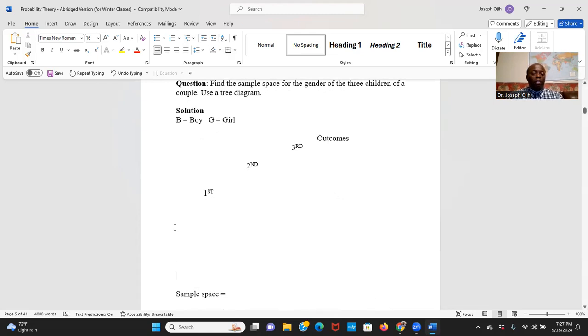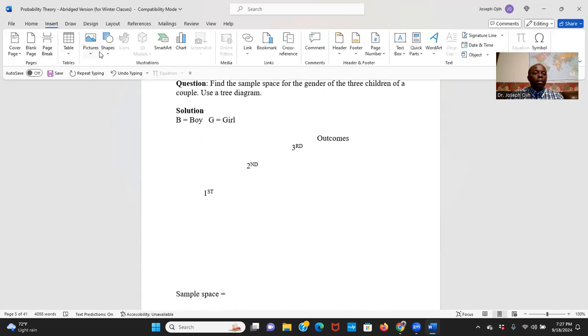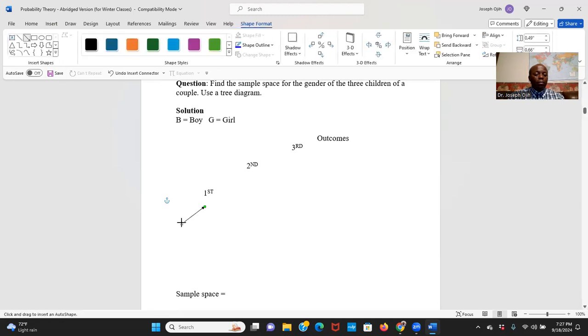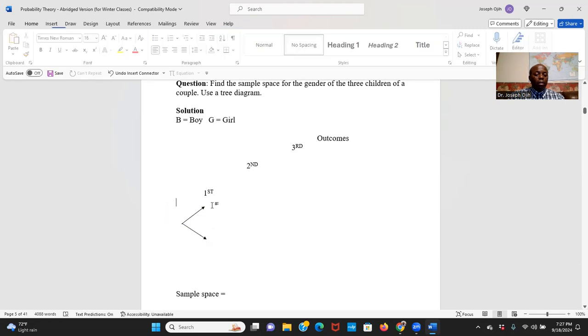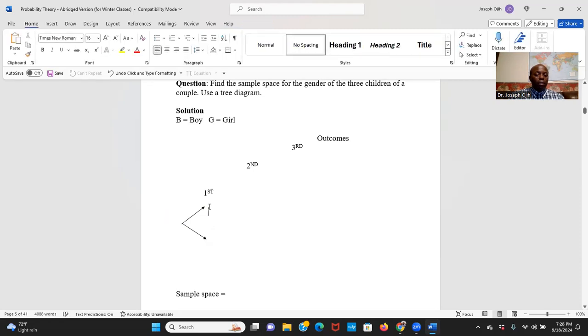Now let us use a tree diagram to do this. The first child can be either a boy or a girl. Now, for the second child, you assign boy and girl to each of these outcomes.